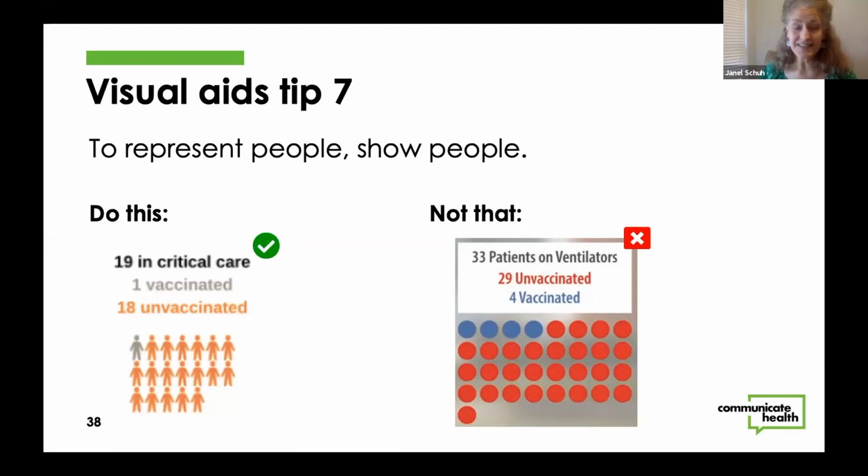This is a really good example in these days and ages. We've seen lots of these. The other thing I wanted to talk about here is just being careful about the color choices you use. One thing that immediately comes to mind when I look at the version on the right is the red, blue, false polarization that we have in this country.